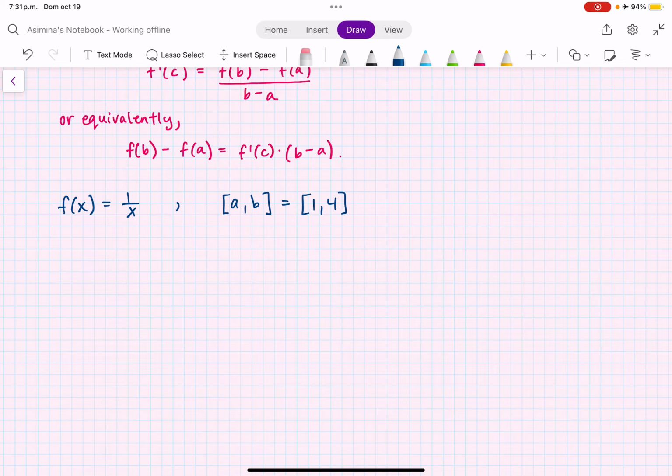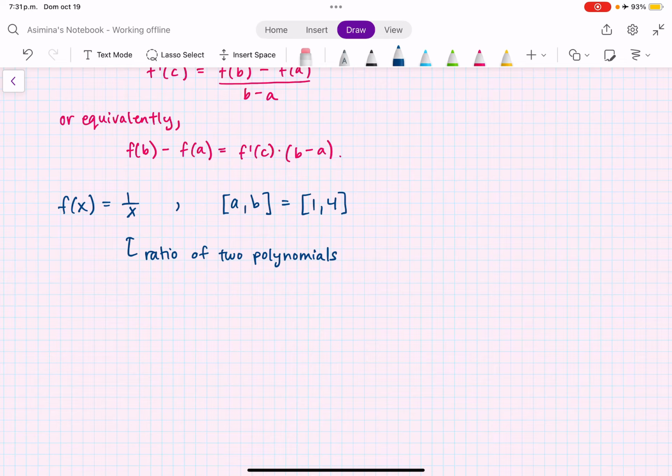So first we want to check if f of x is continuous on the closed interval 1, 4. Well, what do we know about 1 over x? It's a rational function. So this is the ratio of two polynomials. And what do we know about that? We know that that means that f of x is continuous at all points where the denominator is not 0.